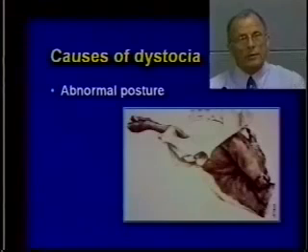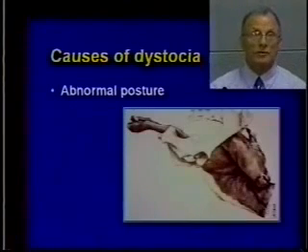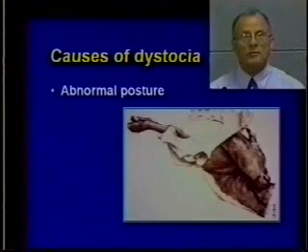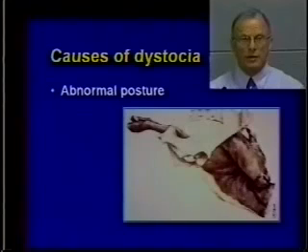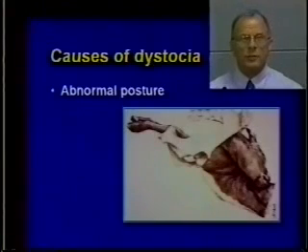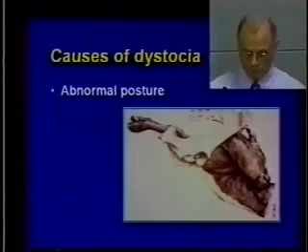Or, a second example, the calf here in the anterior longitudinal presentation, the position is dorsosacral, and the posture is head retained to the left. These are not uncommon, usually seen when the calf is dead and the calf does not participate in its own delivery by keeping its neck and head extended, or weak calves that are unable to do that.